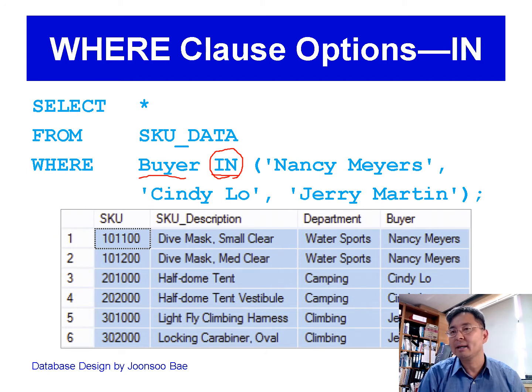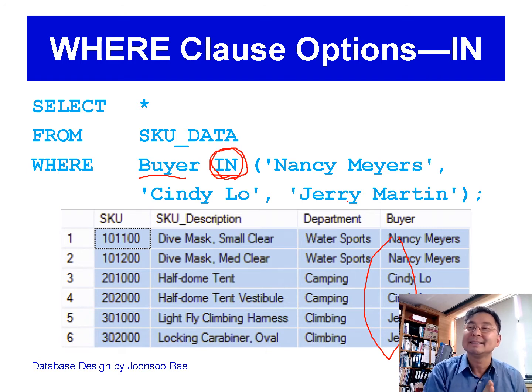That means buyer may be Nancy Meyer or Cindy Lowe or Jerry Martin. So the result may include Nancy Meyer, Cindy Lowe, and Jerry Martin here. So IN is very convenient to make a simple SQL statement instead of many OR operators.